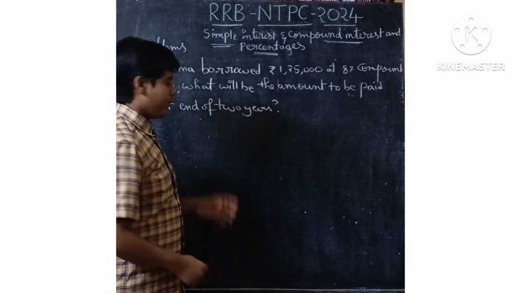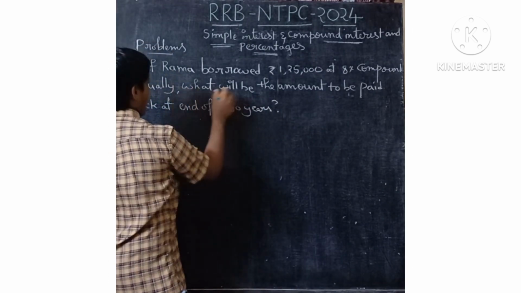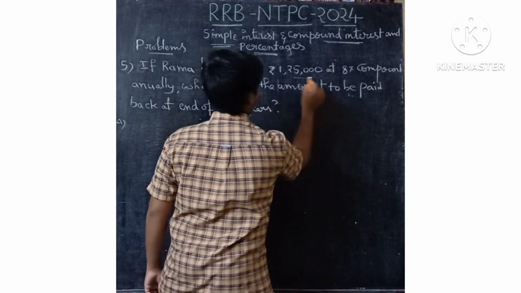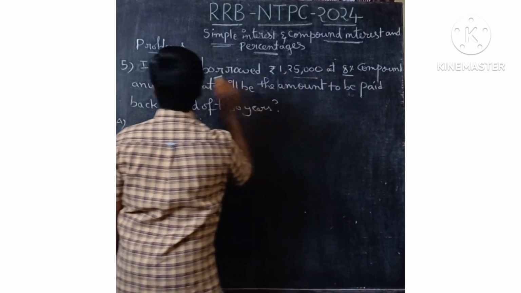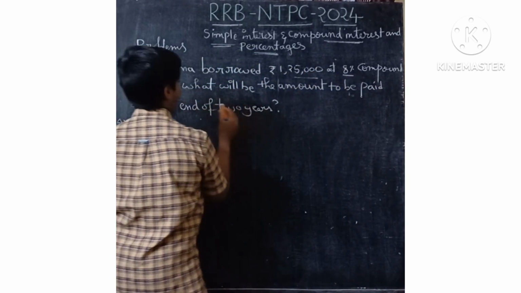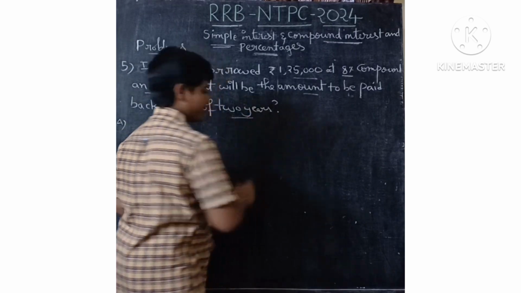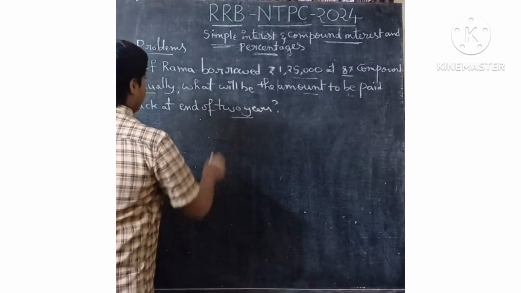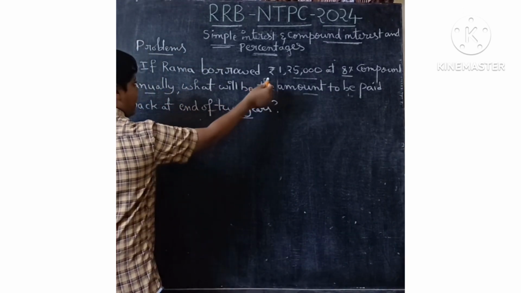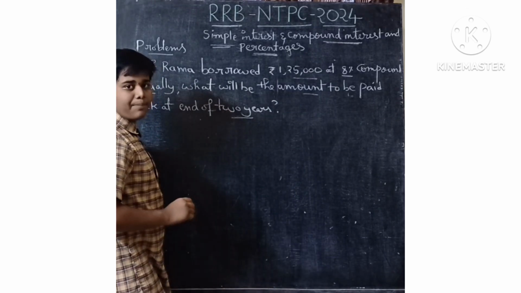Okay. If you see the fifth question: if Rama borrowed 1,25,000 at 8% compounded annually, what will be the amount to be paid at the end of 2 years? So he borrowed 1,25,000, which means that is the principal.